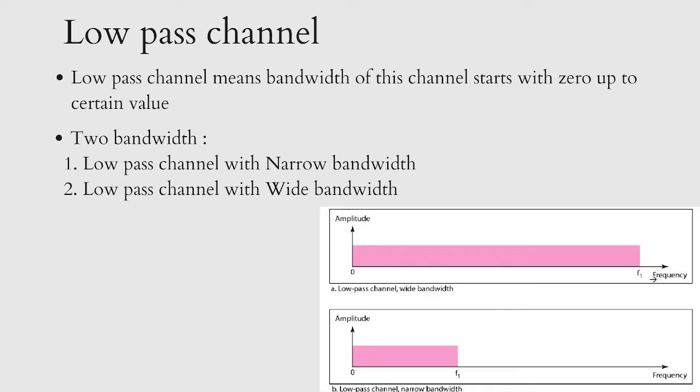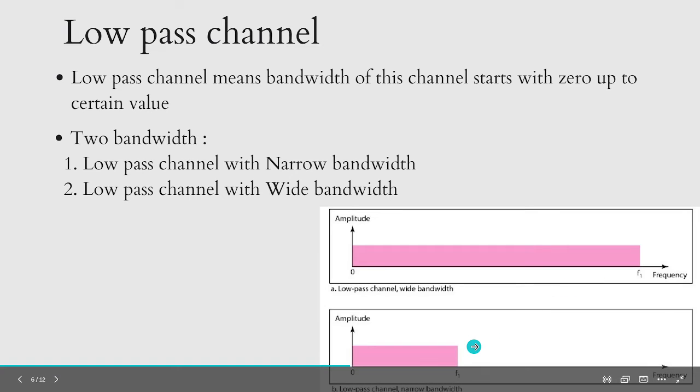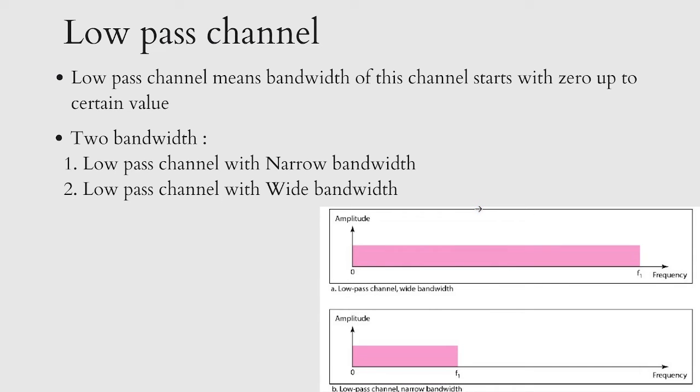F1 means a certain amount of frequency, and within this bandwidth only we have to transmit our digital signal. In narrow bandwidth the value of f1 is less, and in wide bandwidth the value of f1 is larger, as the words say.